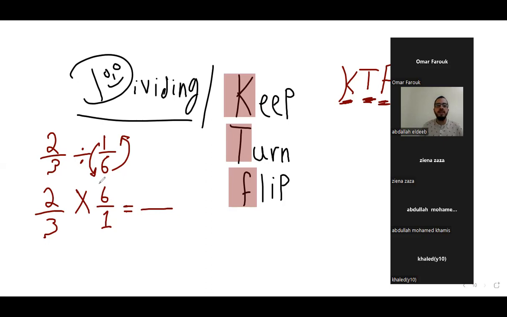Then 2 multiply 6 over 3 multiply 1. It will be 12 over 3. And 12 over 3 is 4. Okay, guys, any question here? Any questions?